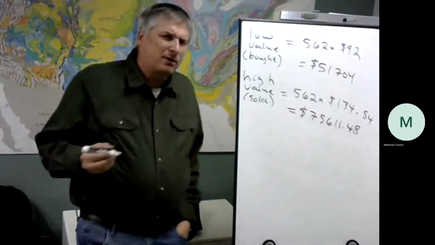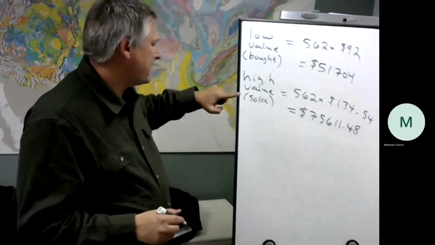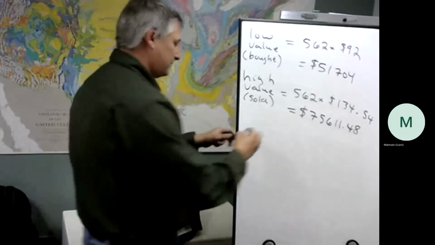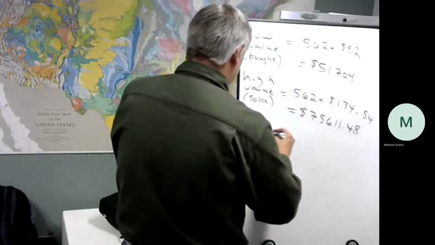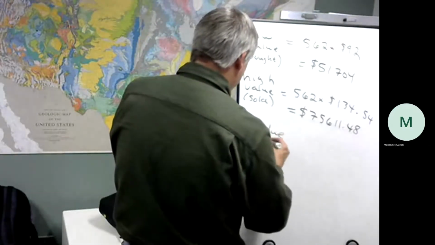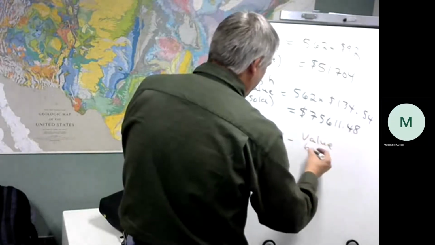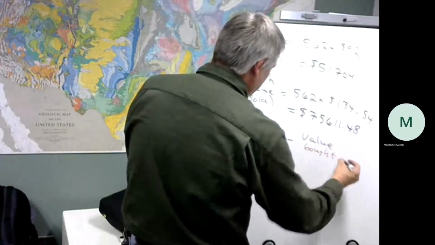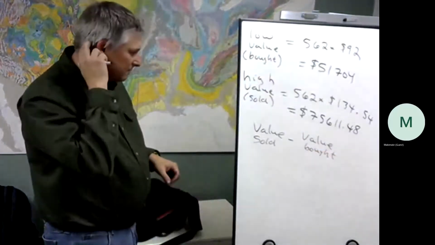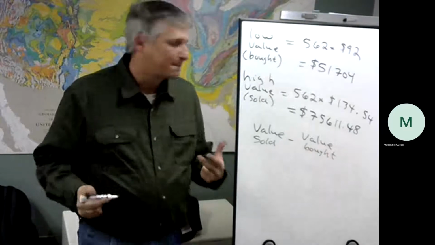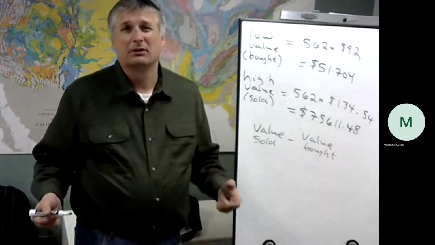Now, if you have a profit, what you always do is take the amount sold, the value you sold at, minus the value bought. If the number is positive, it's a profit; if it's negative, it's a loss.